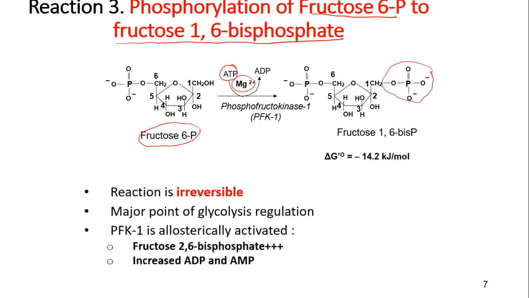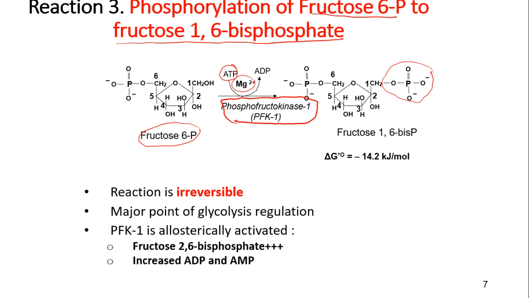Now, we need to understand that this is a major point of glycolysis, and this reaction takes place due to the presence of the enzyme phosphofructokinase 1, which is just written as PFK1.